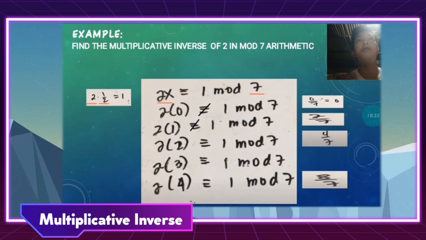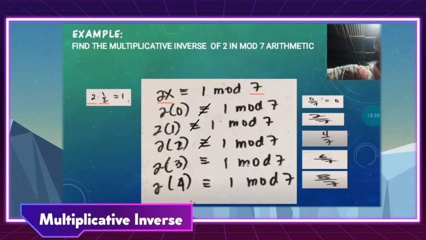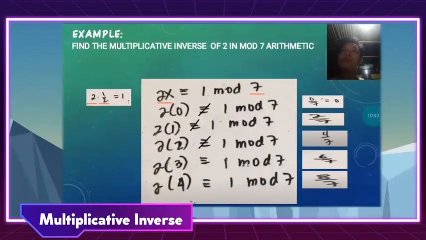Next, 2 times 3. So, 6 over 7. We cannot divide 6 by 7, since it would only give a decimal.